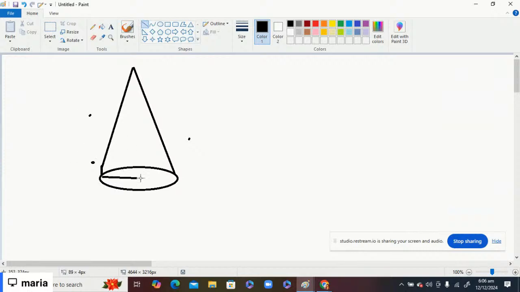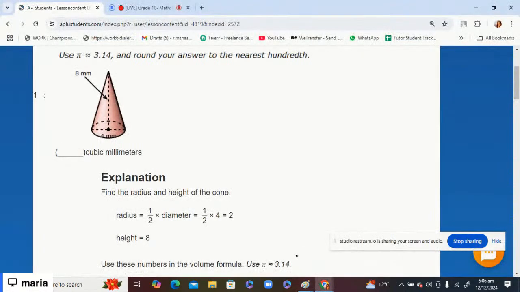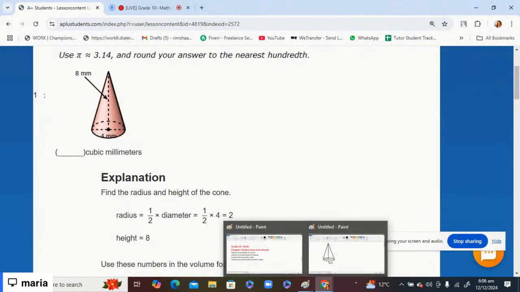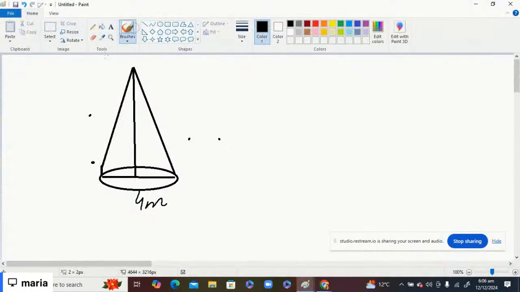Now here the diameter is given, which is 4 millimeter, and the height of this one is given, 8 millimeter. Now first we are finding out the radius. How much is the radius? This is 1 by 2 times diameter.